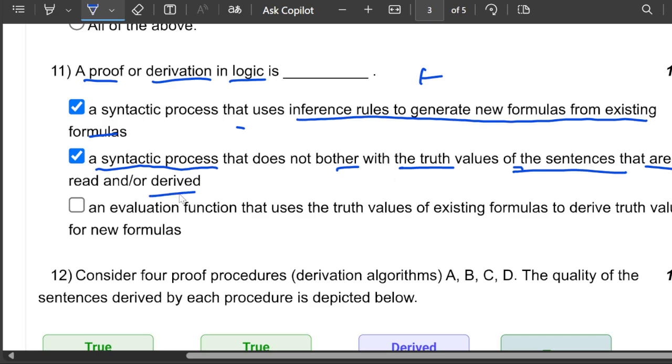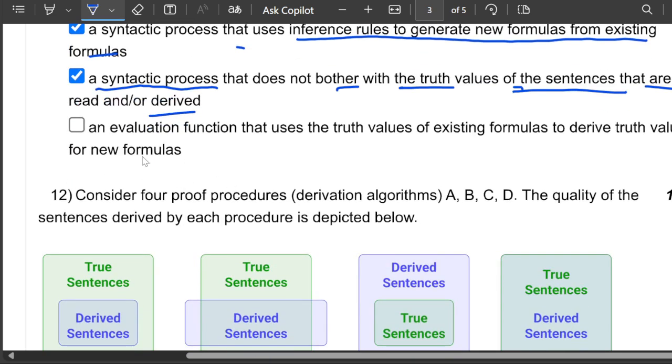Both are true. An evaluation function that uses the truth values of the existing formulas to derive the truth values of new formulas.